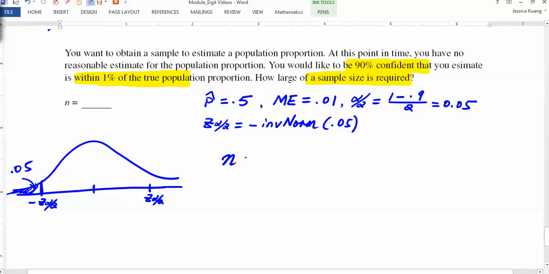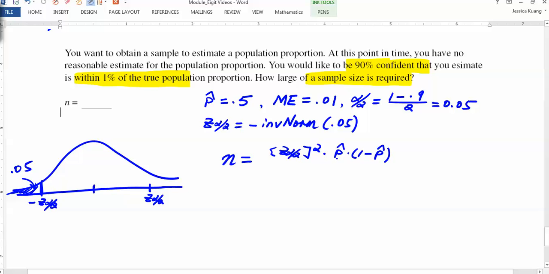And the sample size equals z alpha over 2 squared times, when we know the point estimation, we will write down p hat times 1 minus p hat over here. But because we do not know anything about the population proportion, we use 0.5.